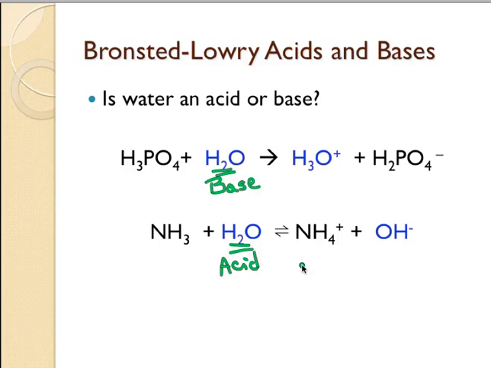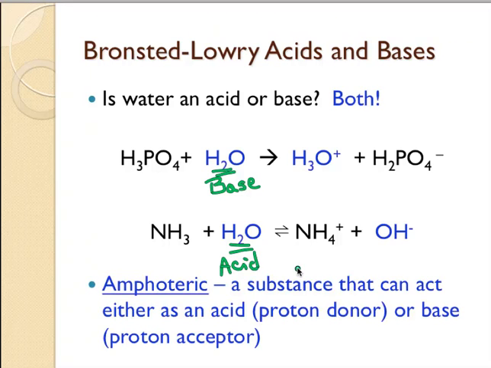Kind of a trick question. Water can be both, depending on what else is in solution with it. A substance that can be both is referred to as amphoteric. It's a substance that can act either as an acid, a proton donor, or as a base, a proton acceptor. Water is but one substance that can do both.